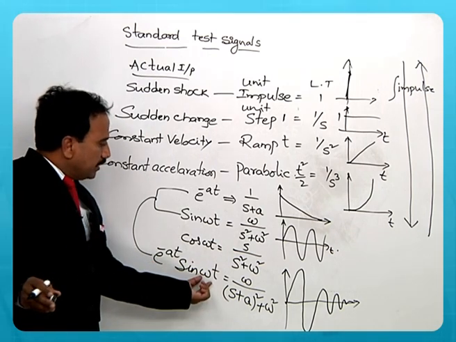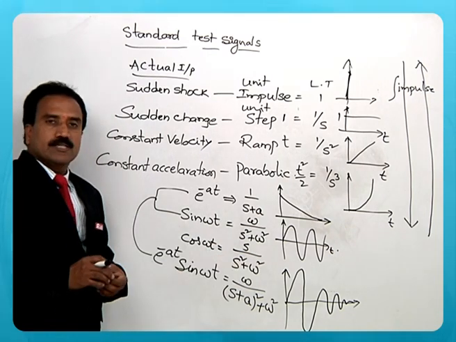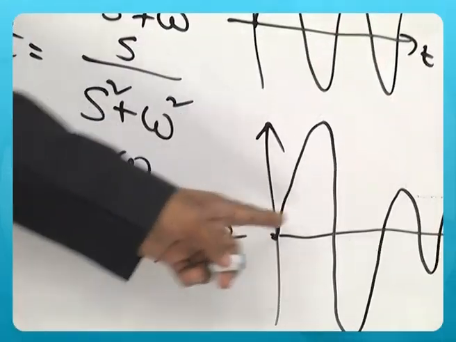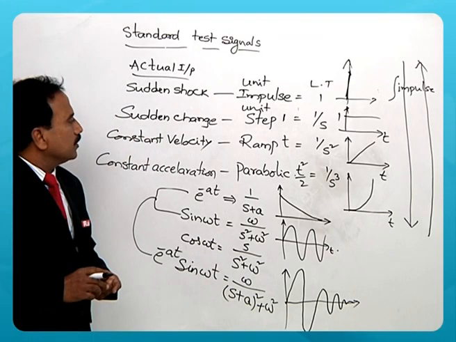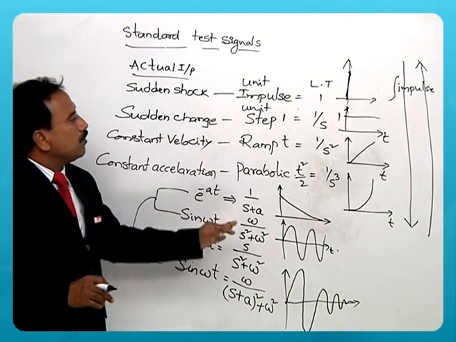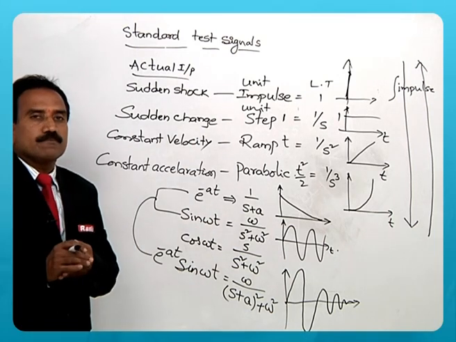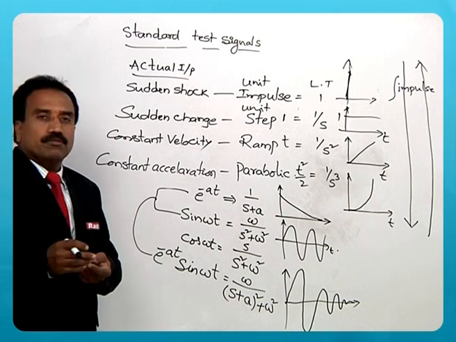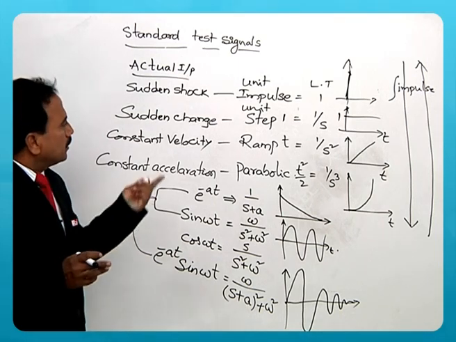This omega is the frequency of oscillations, and this is the signal for this particular function. So you should know the Laplace transform of various signals to find out the transfer function or response for a particular input.